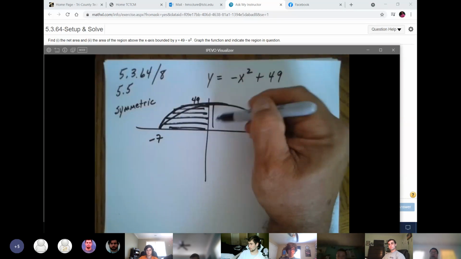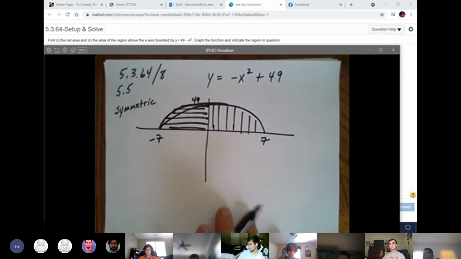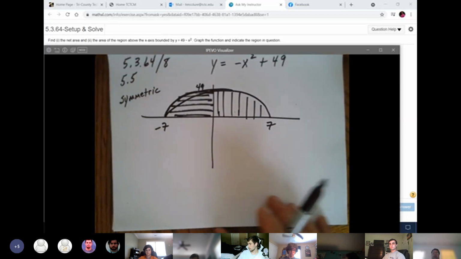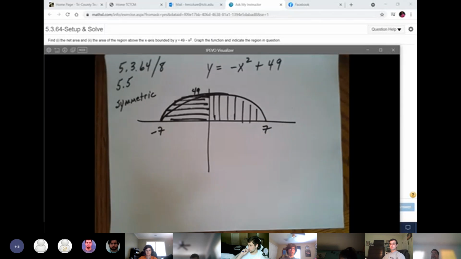So there's three ways to set up this antiderivative. Can somebody give me one of the three ways to set up this derivative? Anybody?